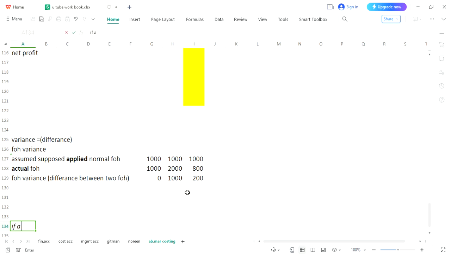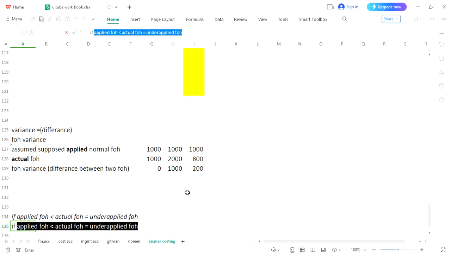If applied FH is less than actual FH, you will call it under applied FH. In the second case, if applied FH is more than actual FH, you will call it over applied FH.